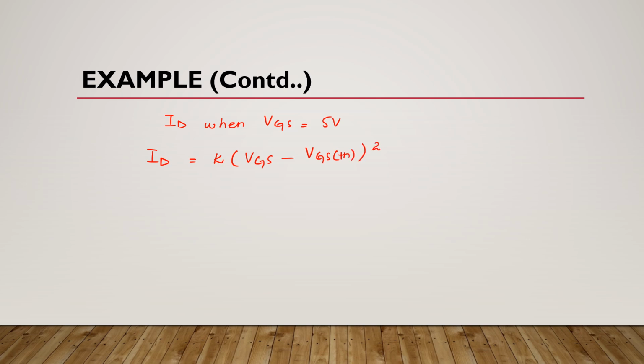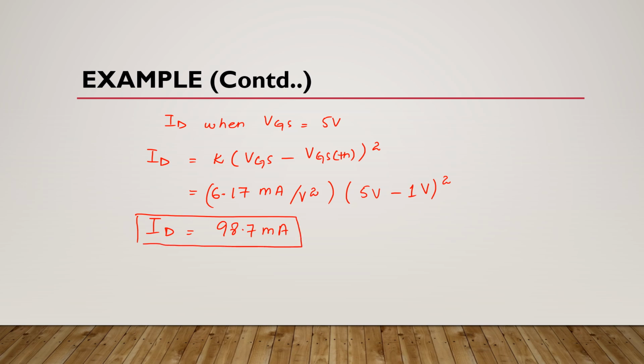Now we know the value of K, it is 6.17 milliamperes per volt square, and here this gate to source voltage is 5 volts now, and this threshold voltage is 1 volt, and here we have whole square. So after solving this, you will get 98.7 milliamperes. Okay, so this is your answer here.